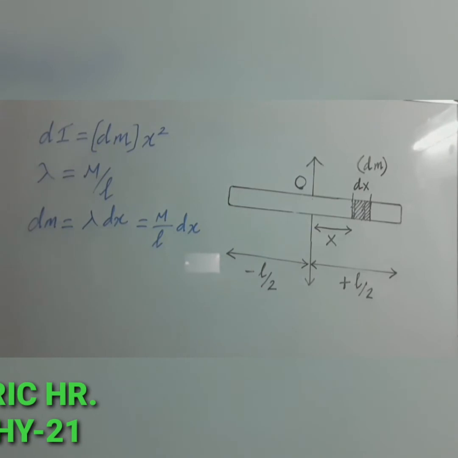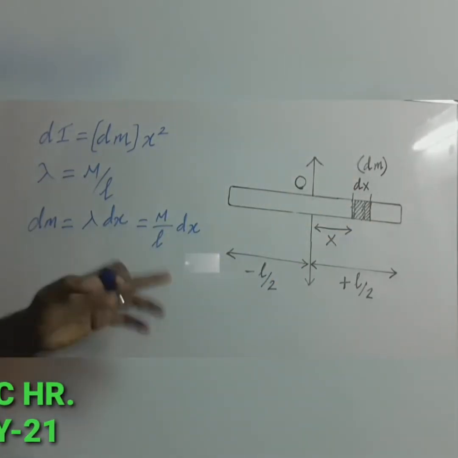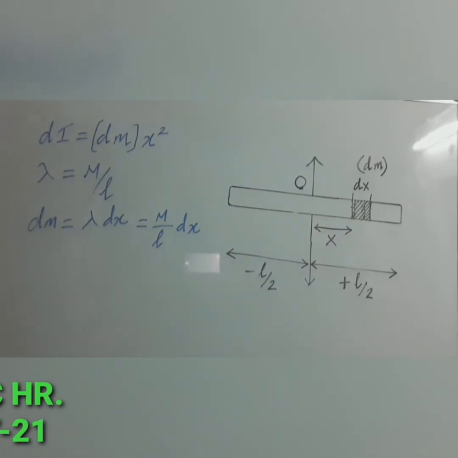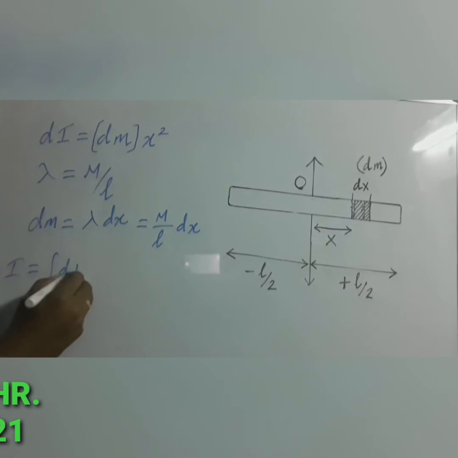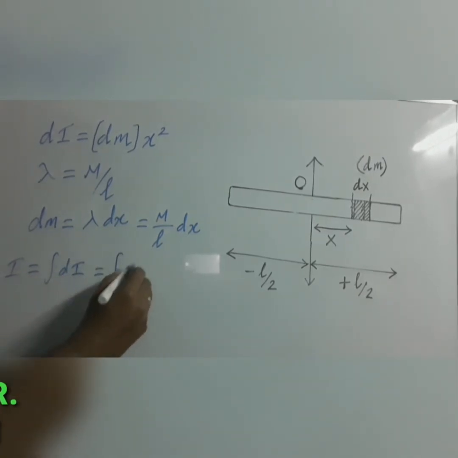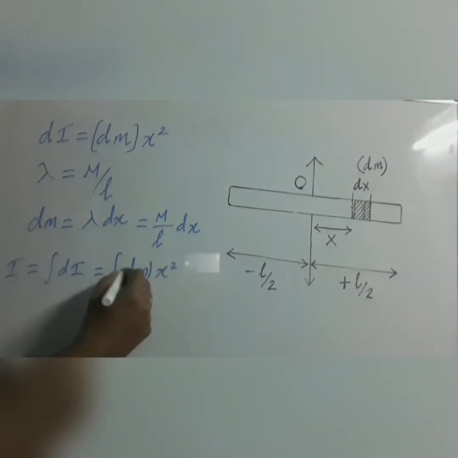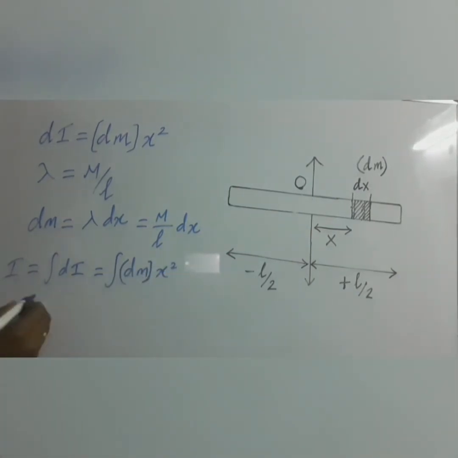The moment of inertia I of the entire rod can be found by integrating dI. For that, I is equal to the integration of dI, which is equal to the integration of dm x square. What is the value of dm?